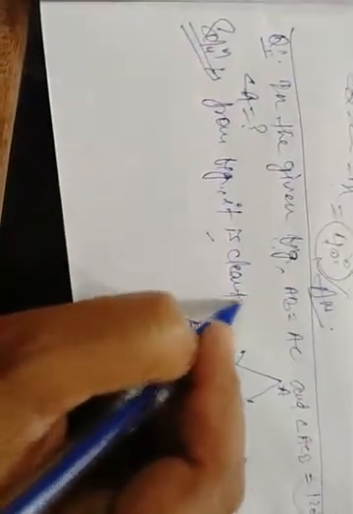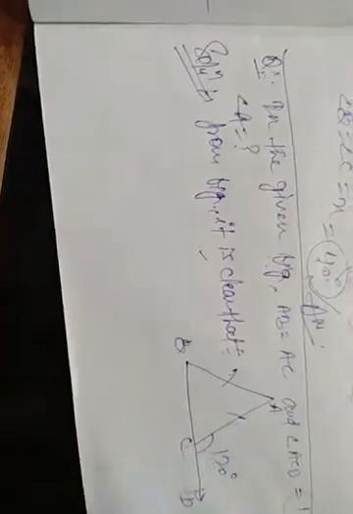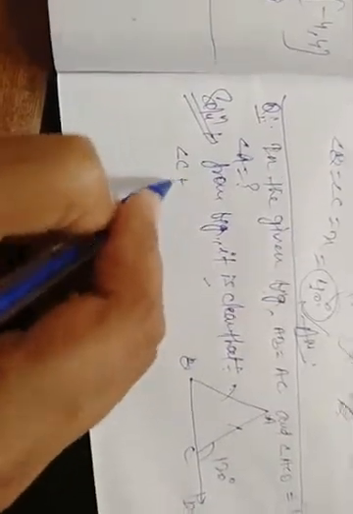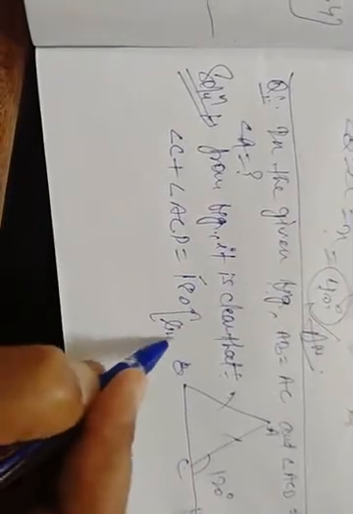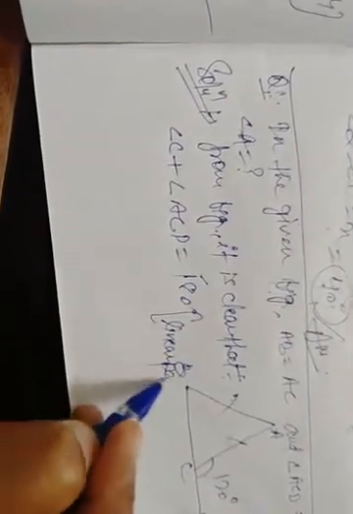Now let's solve it. From the figure it is clear that angle C plus angle ACD is equal to 180 degrees, that is a linear pair.